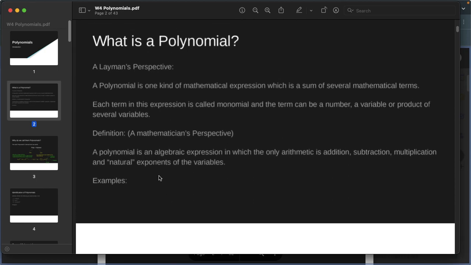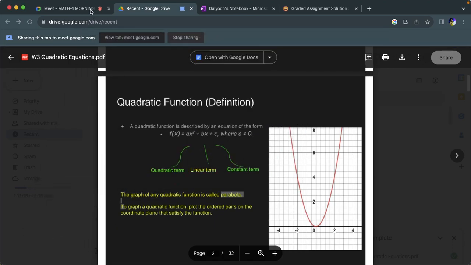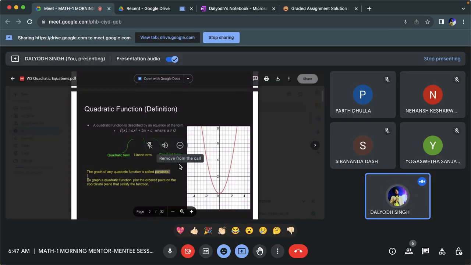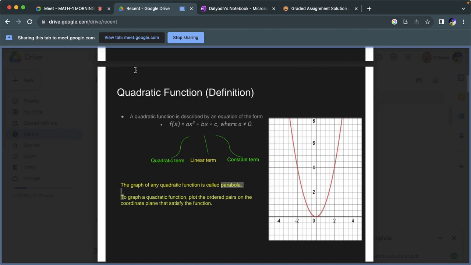From a layman's perspective, a polynomial is a mathematical expression that is a sum of several mathematical terms, but in mathematical terms it's an algebraic expression in which only arithmetic operations like addition, multiplication, subtraction, and exponentiation are used. So that's the topic in week 4. Now let's discuss the quadratic function.